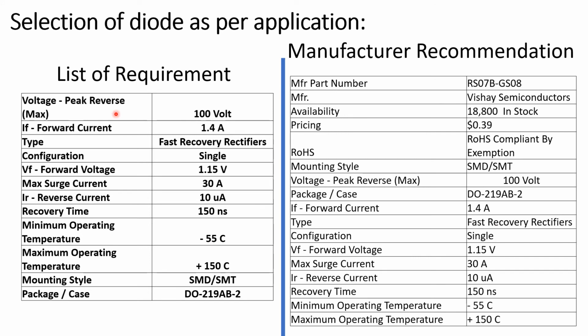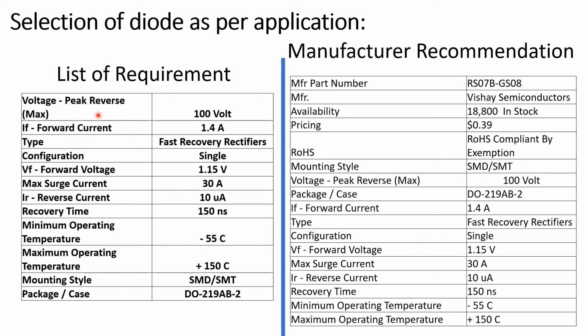Now we are going to discuss how to select the diode. What are the parameters? Previously in the video, I discussed the peak reverse voltage. In one direction you need a minimum of 0.6, 0.7 volt. But once the diode is in the off condition, what reverse voltage will be applied across it?